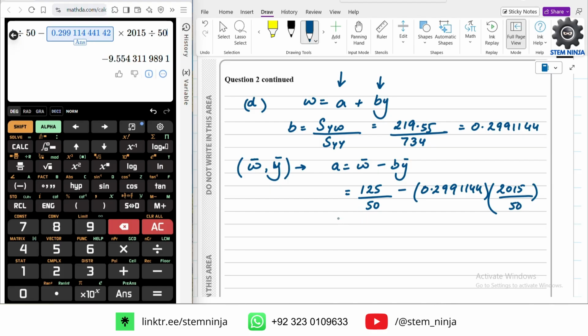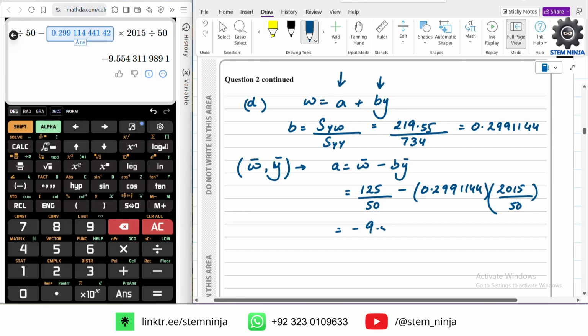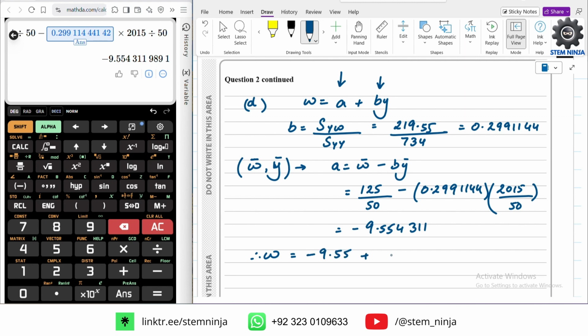So you get minus 9.554311. Now we just need it in 3 significant figures. So minus 9.55 plus 0.299y.